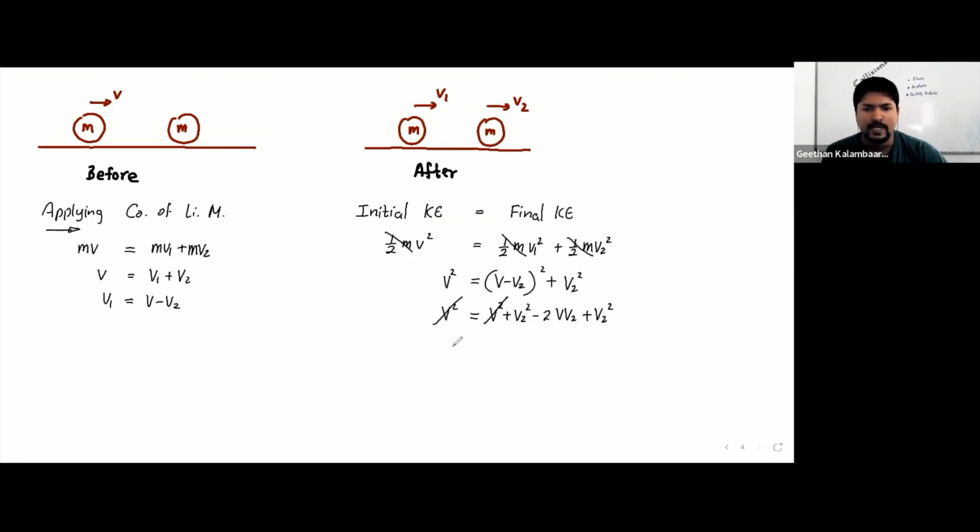So what you'll be getting is 0 is equal to 2v2 squared minus 2vv2 කියලා. ඉතින් මෙතන 2 වලින් බෙදන්න පුළුවන් equation එකම simplification method. So what you get is v2 squared minus vv2.